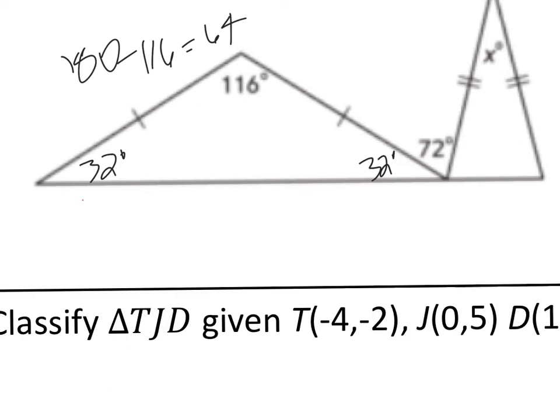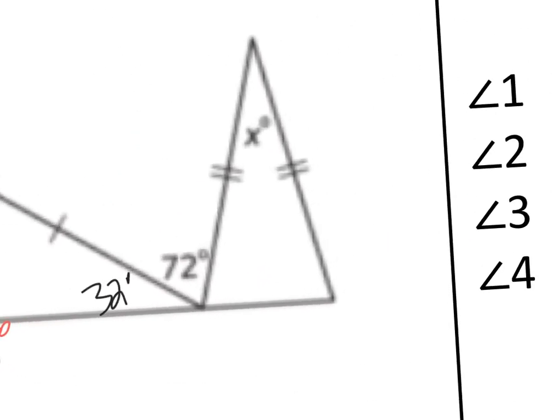So what you're going to do is you're going to go 180 minus 72 and minus 32, and that's going to be 180 minus 104, and so that's going to get you 76 degrees. So that's telling me that this needs to be 76 degrees. And so if this angle is 76 degrees, then this angle is 76 degrees.